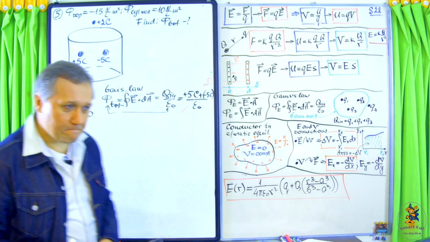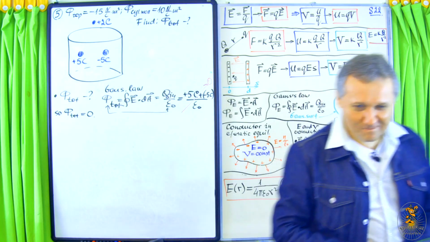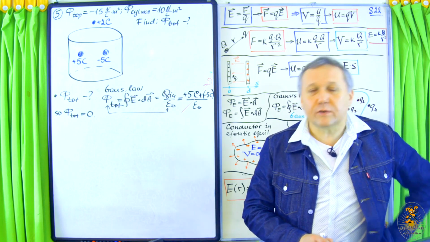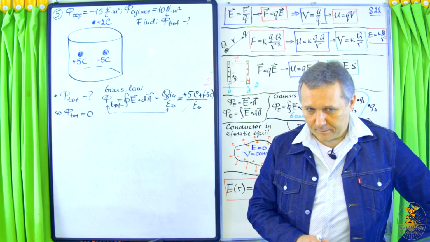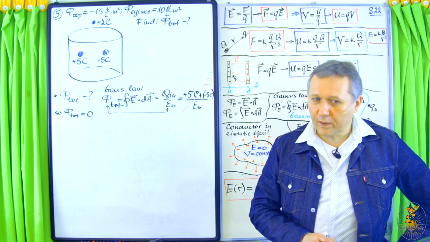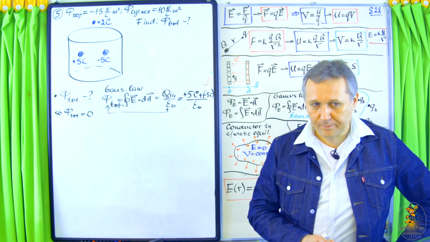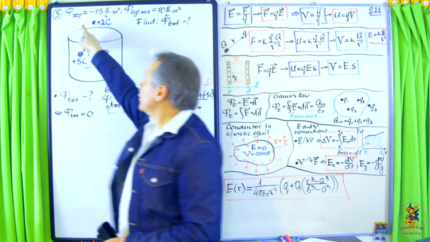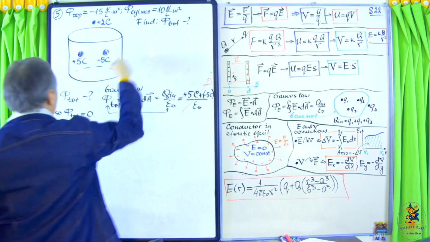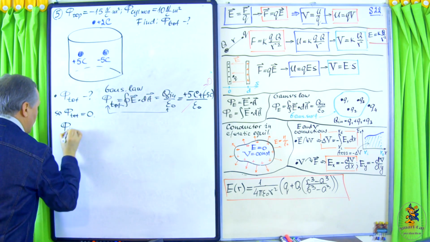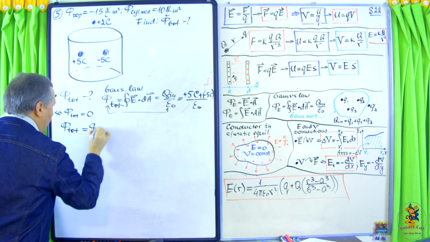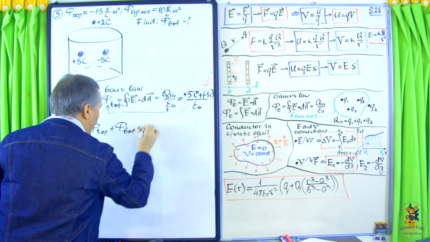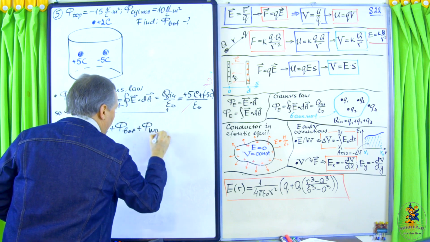See that, guys? If the net charge inside of a closed surface is 0, the total flux through that closed surface is 0. So now we know the total flux, and we also know the flux through the top and the wall. The total flux consists of the flux through the top plus the flux through the bottom plus the flux through the wall.